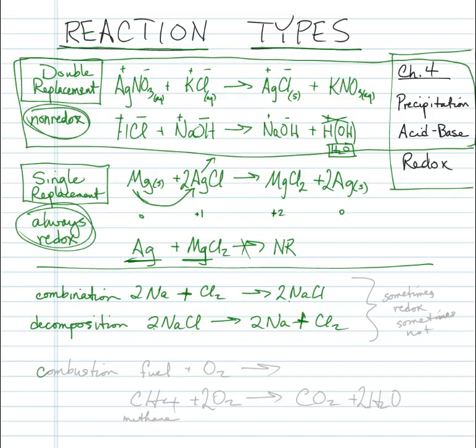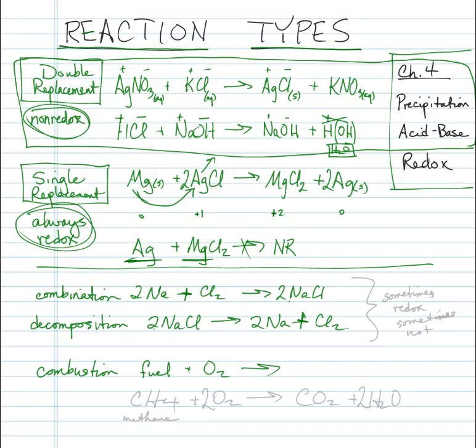And then the last one is combustion, in which you have any kind of fuel plus oxygen reacting. And usually we're talking about an organic fuel, not always. We could in some senses think of iron rusting, iron plus oxygen making iron oxide, as a combustion reaction.